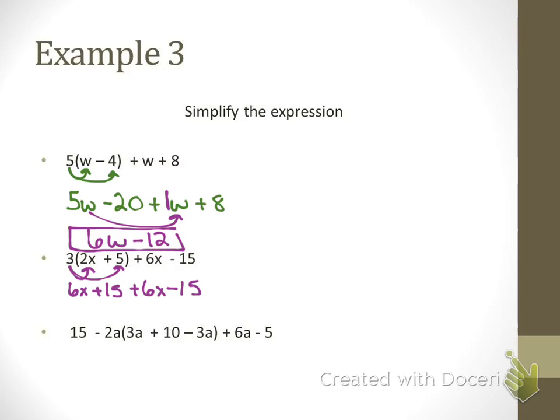Do you see something here? You see your 15s, right? What property is that? Where it says opposites cancel out. Anybody remember? Starts with an I. The inverse property says take a number and its opposite and it cancels. What's 6x plus 6x? 12x. That's my answer. Just 12x.